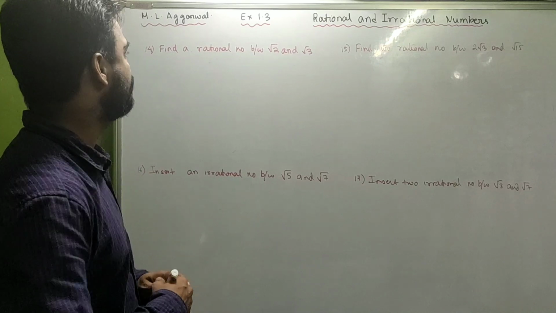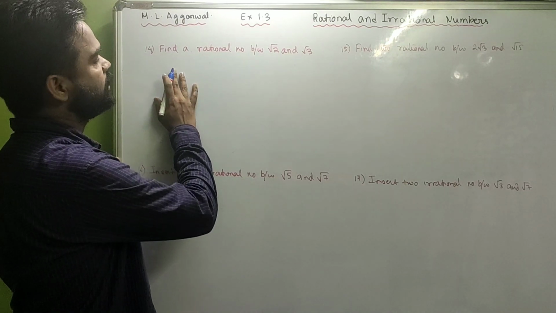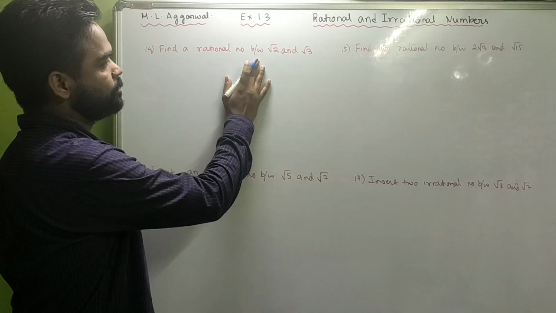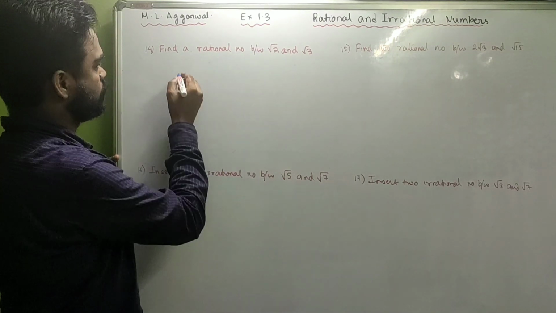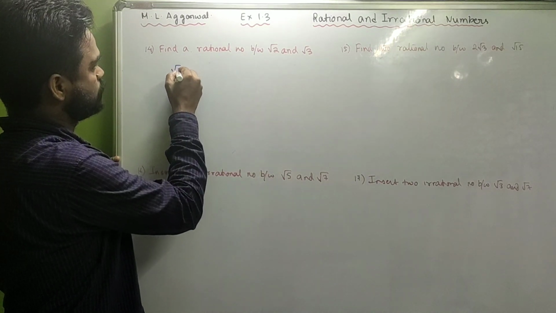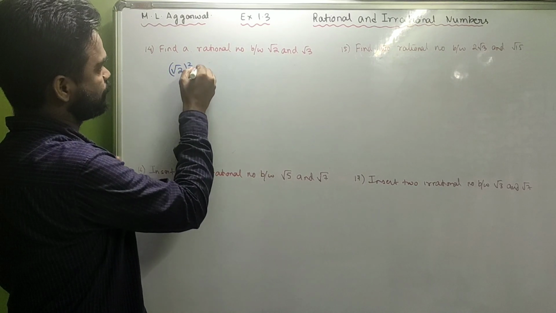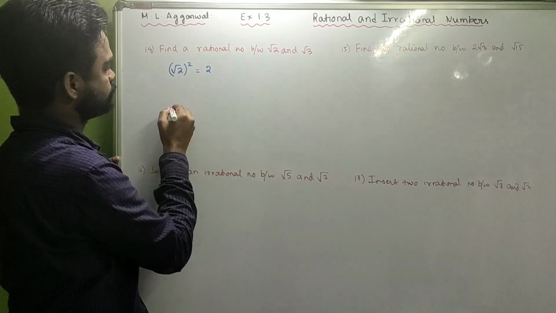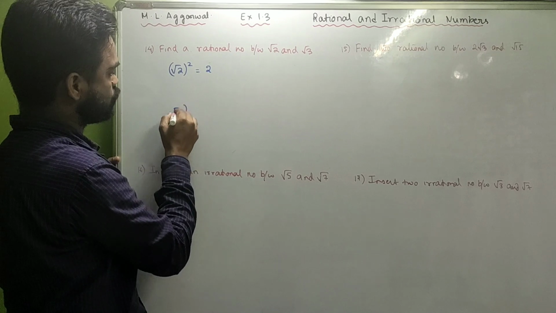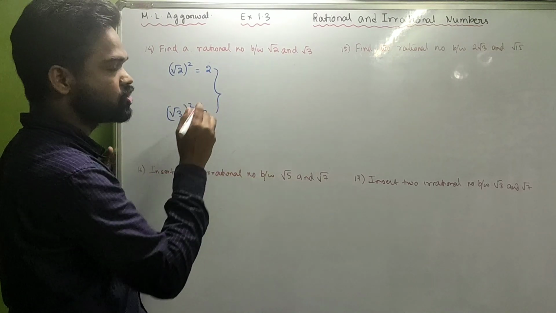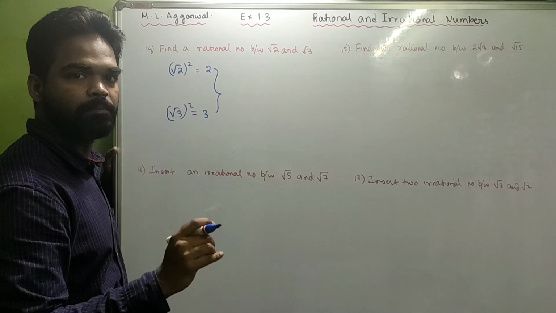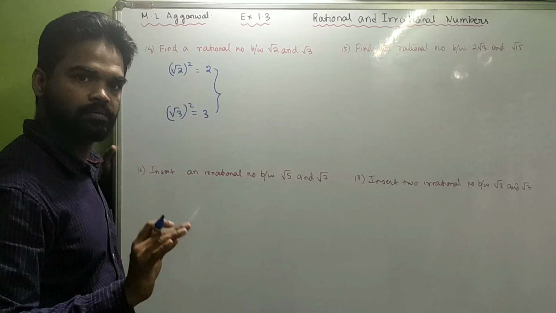Now look at sum number 14, very interesting. Find a rational number between root 2 and root 3. Look over here. Root 2 square is 2. Root 3 square is 3. So between these two, I need to have a number which is a perfect square.